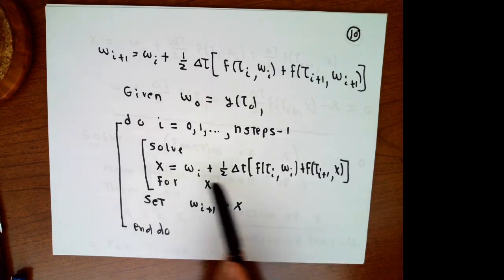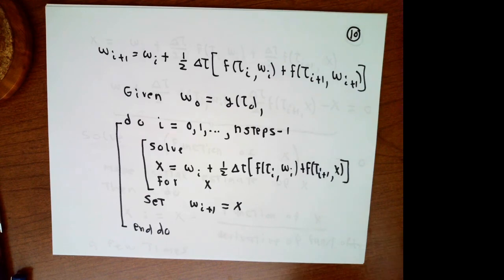We will solve that equation in some way or the other, fixed point or Newton or some other method. Once we've solved that equation, we set Wi plus 1 equal to x and go around and do it again until we've marched all the way across the interval.